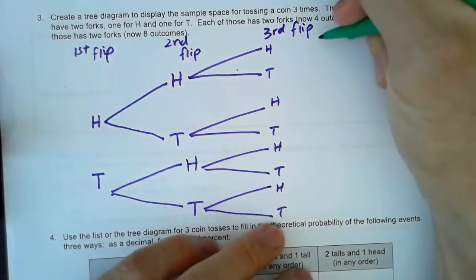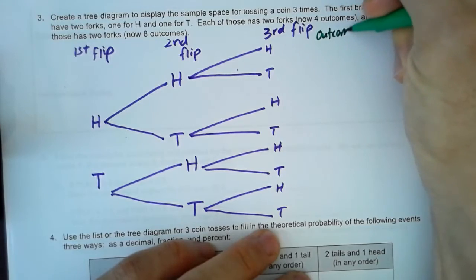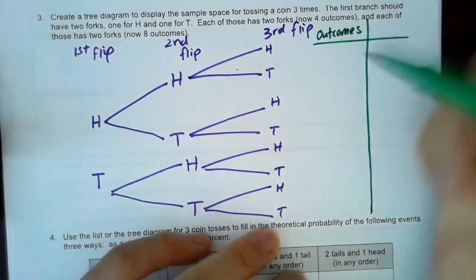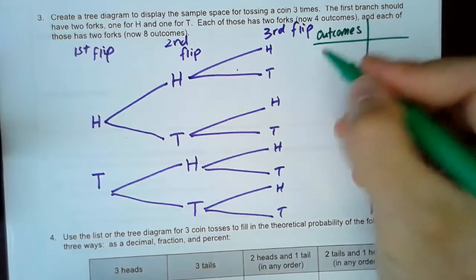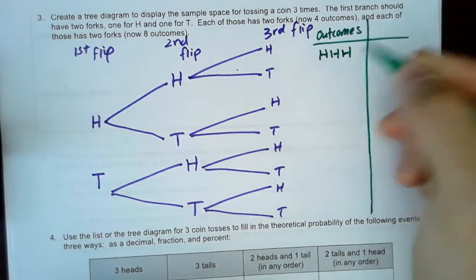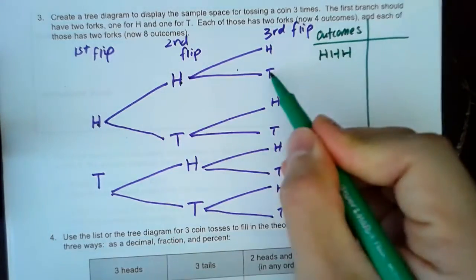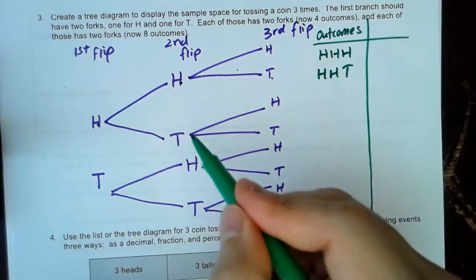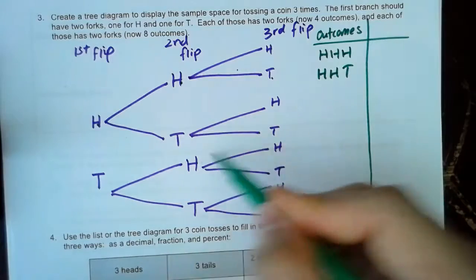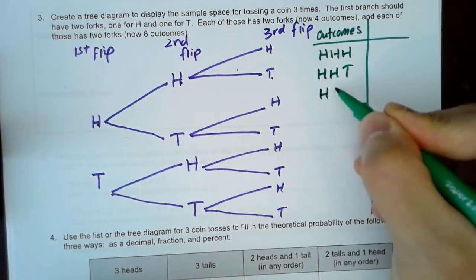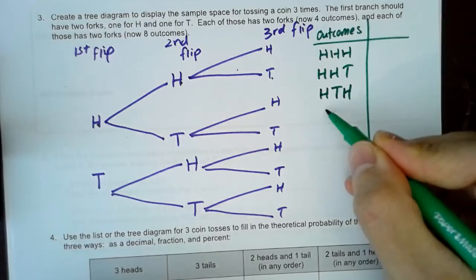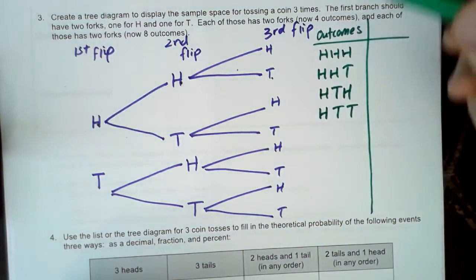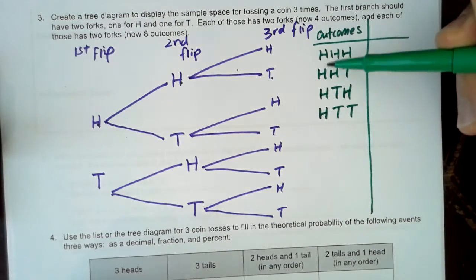So the outcomes are as follows. We have heads, heads, heads, where all 3 of your flips are heads. We then have heads, heads, tails, right? Then we have heads, tails, heads, and you just keep going along the skeleton of the tree, if you want to call it that. Heads, tails, tails. And that's really the last combination that we can have, with heads being the first outcome.